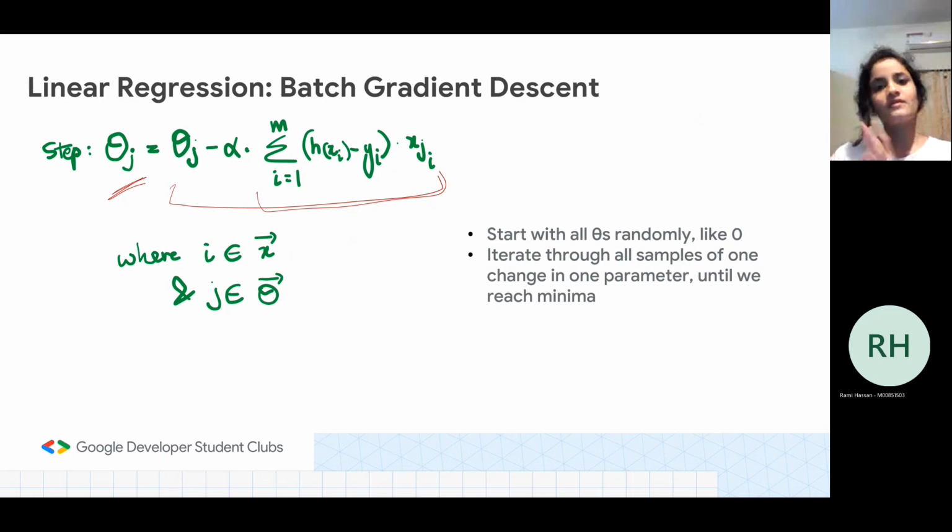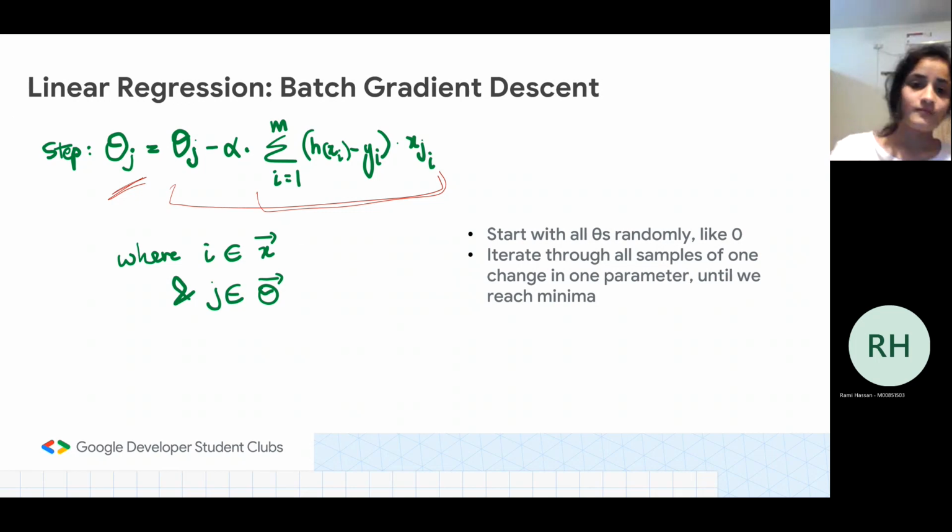Cost function means sum of residuals. Residual is actual minus predicted. So we're summing up all the errors, we're differentiating it, and alpha is really small, so we're making it into a small value, and we're subtracting it from our parameter. So slowly we're subtracting errors from our parameter, until it reaches one value where the cost function is minimum.